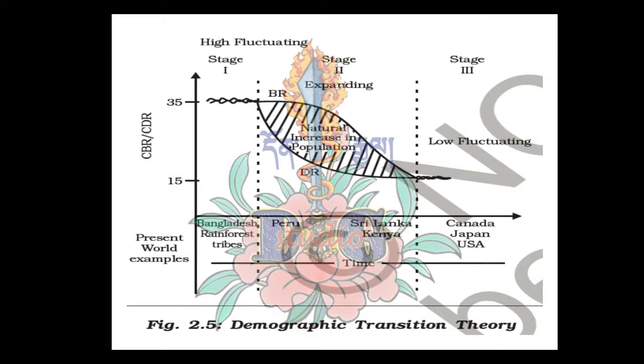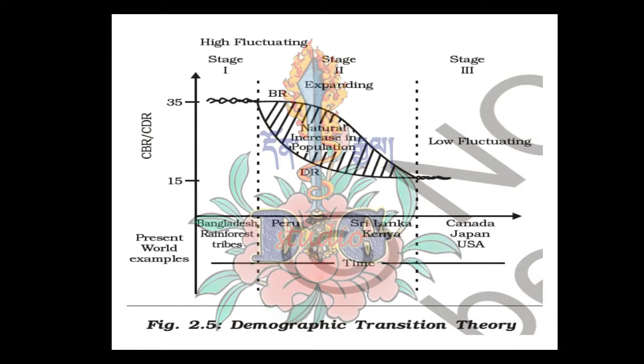If you look at the second stage, the expanding stage, at the initial point the birth rate remains the same, and with time the birth rate declines in a very slow manner. But the death rate started declining from the initial stage of the second stage.